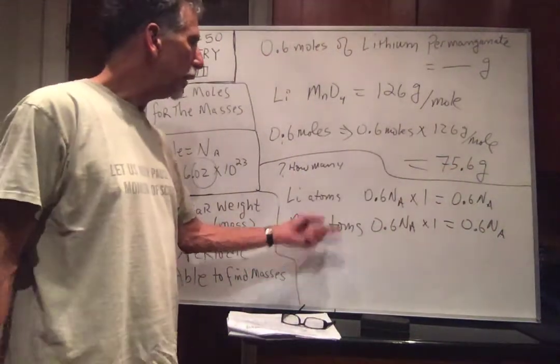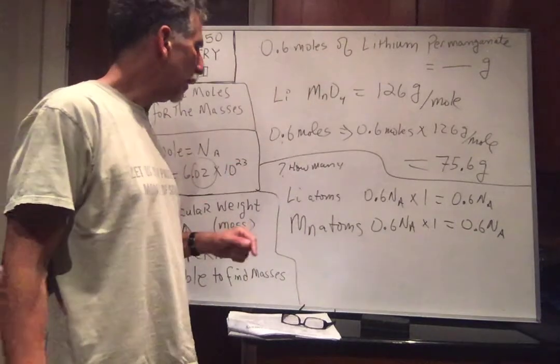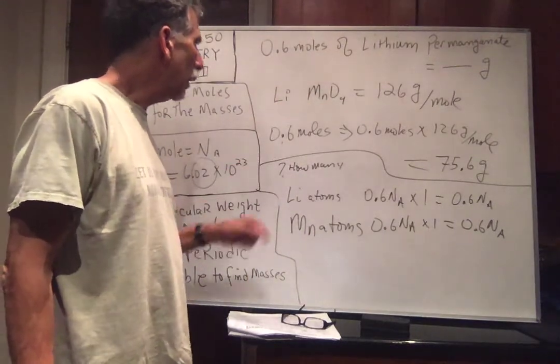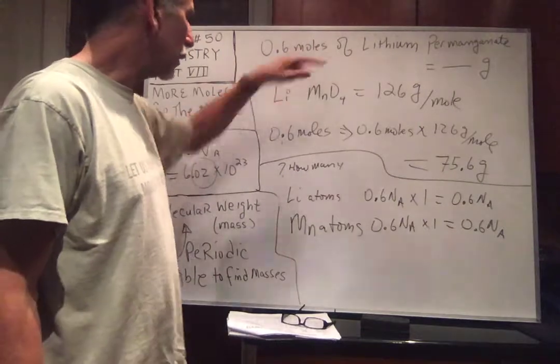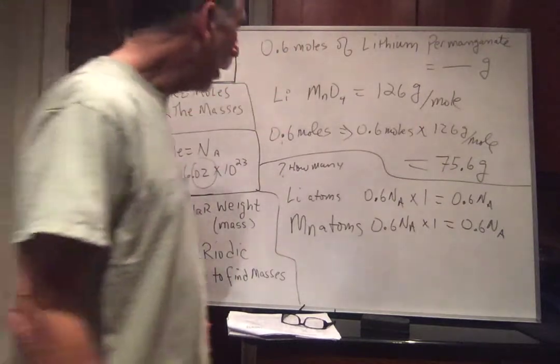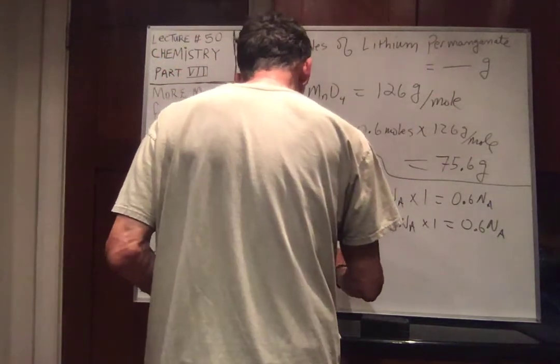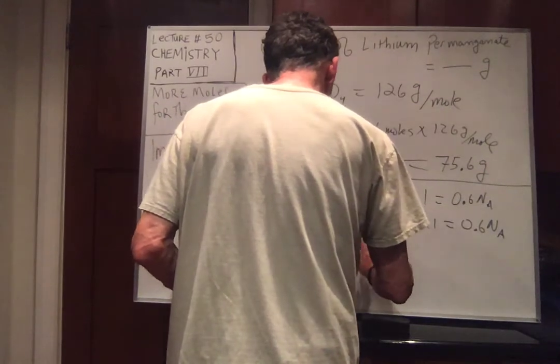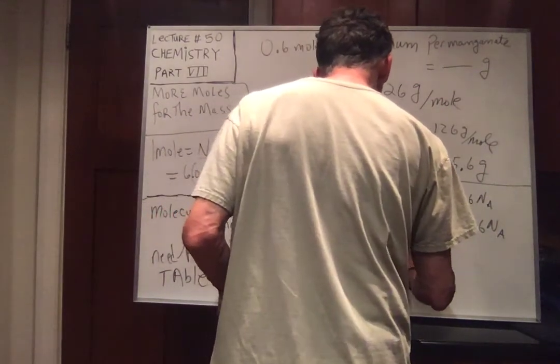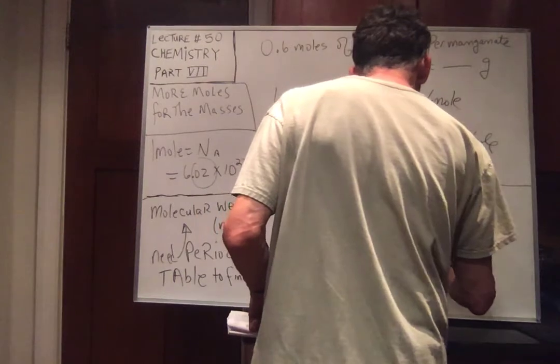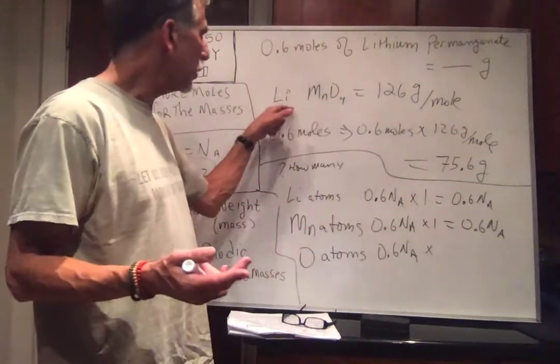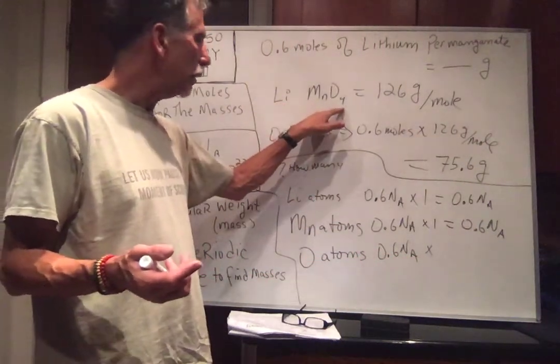And finally, if I say how many oxygen atoms, right? How many oxygen atoms are in 0.6 moles? Then I have O atoms, 0.6 Na times, now how many oxygen atoms are in a lithium permanganate molecule?